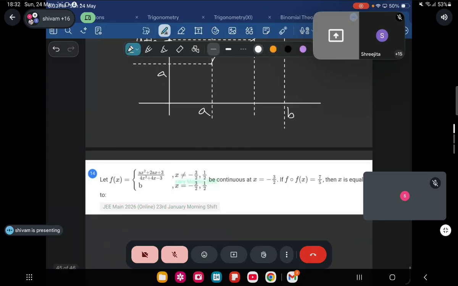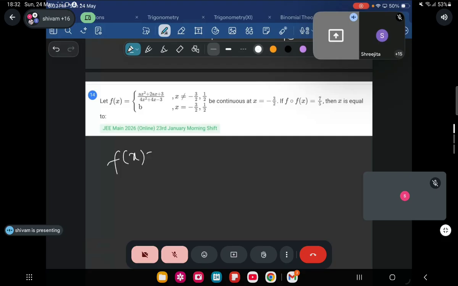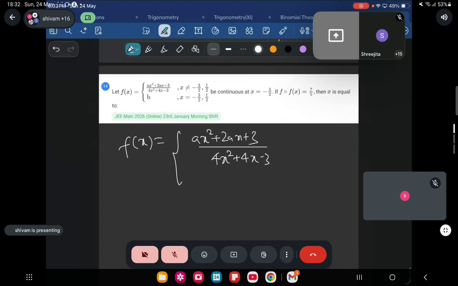Okay, so what have we got? f of x equals (ax square plus 2ax plus 3) divided by (4x square plus 4x minus 3). This f of x is continuous at x equal to minus 3 by 2. So what can we say? The limit as x tends to minus 3 by 2 of f of x must be equal to f of minus 3 by 2.